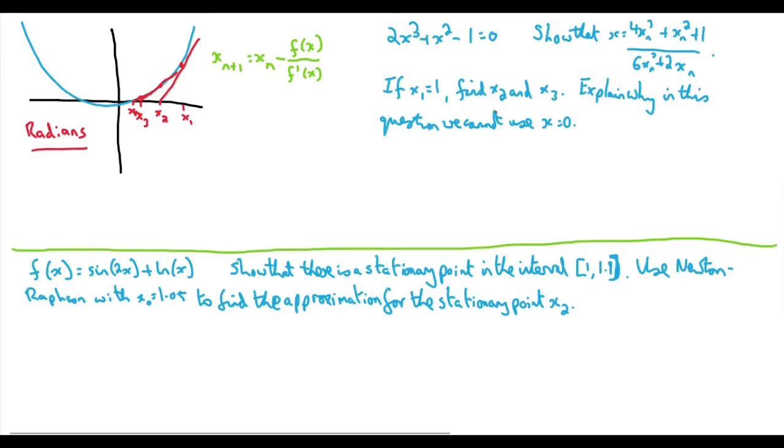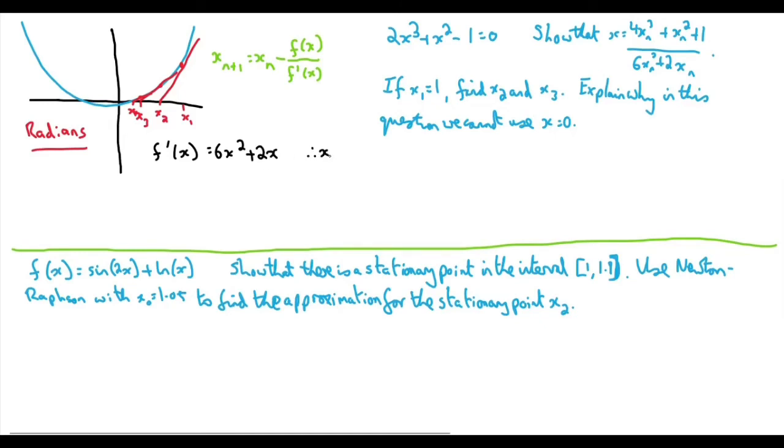Well, to start off with, if we are going to be doing the Newton-Raphson method, we need to start by differentiating. So the differential of that equation would be 6x squared plus 2x.